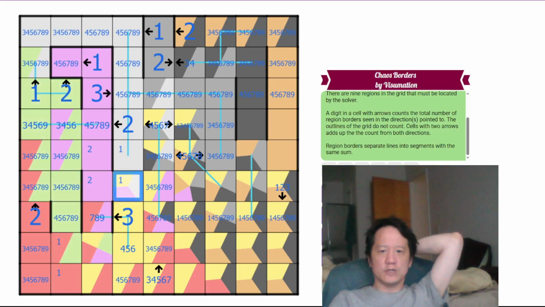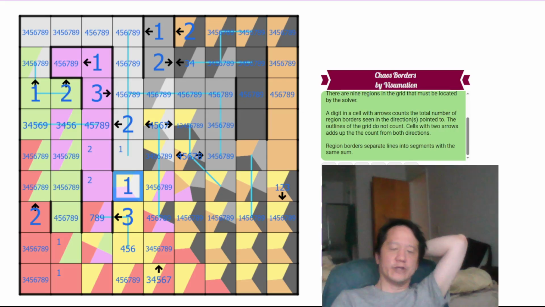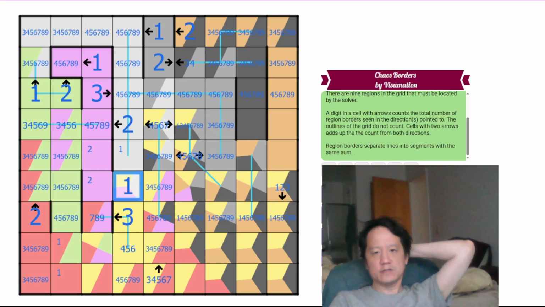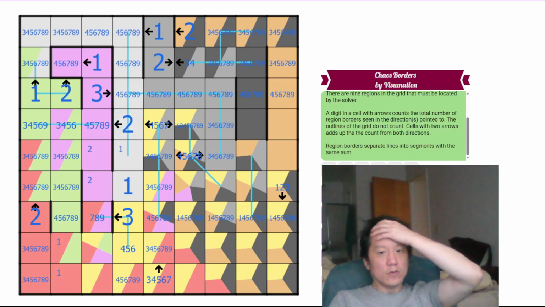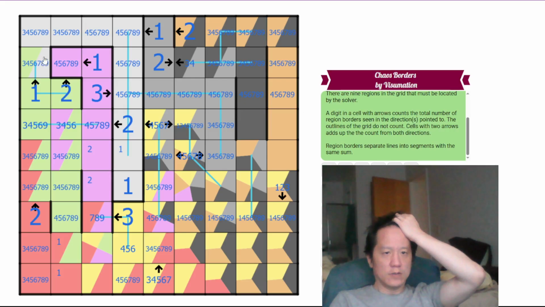So that's interesting. If this is the one, that means it has to be light, right? Which makes this 1 through 9. That would mean none of these are light, so this would be gray, gray, gray, gray. This would be a boundary here. This would have to be a boundary here.